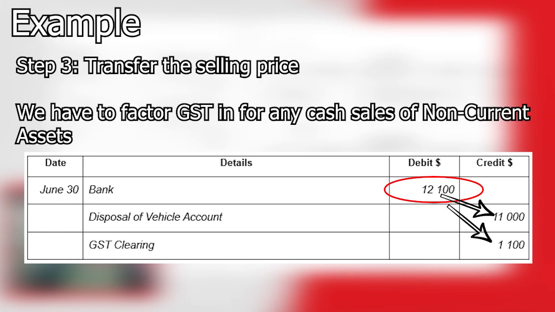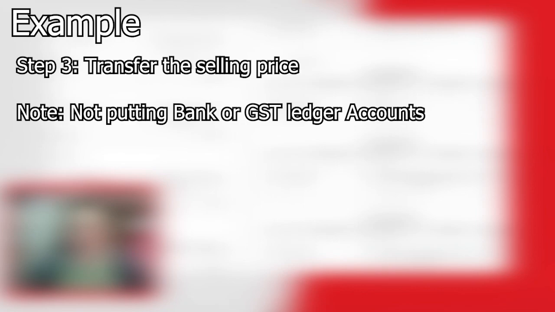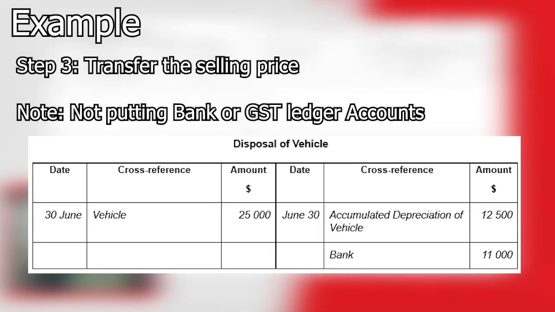And then if we have a look at our accounts here, I'm not going to put bank, I'm not going to put GST, we've seen those enough. But if we have a look at the disposal of vehicle account here, we can see the debit side, $25,000. The credit side, what we got was $23,500.